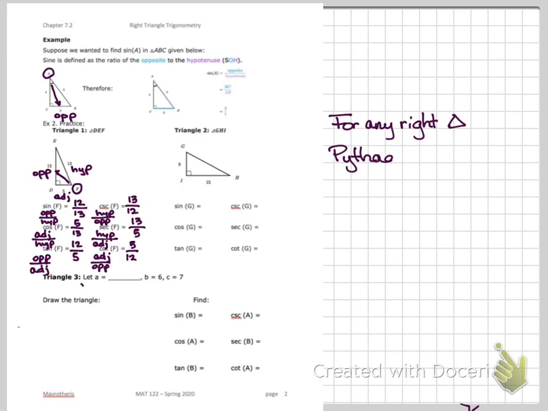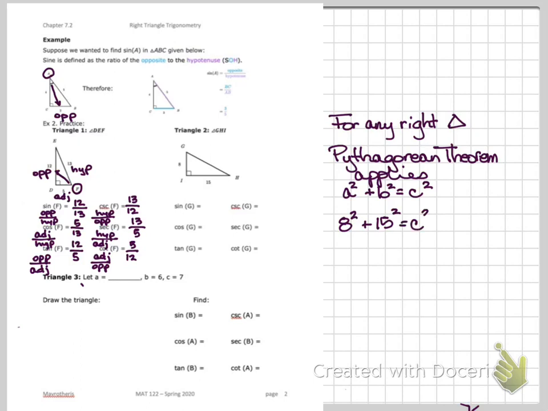So the Pythagorean theorem applies. Which says that the sum of the squares of the 2 sides equals the square of the hypotenuse. Basically, we're going to take the length of the sides and square those. And we can use that to solve for C.